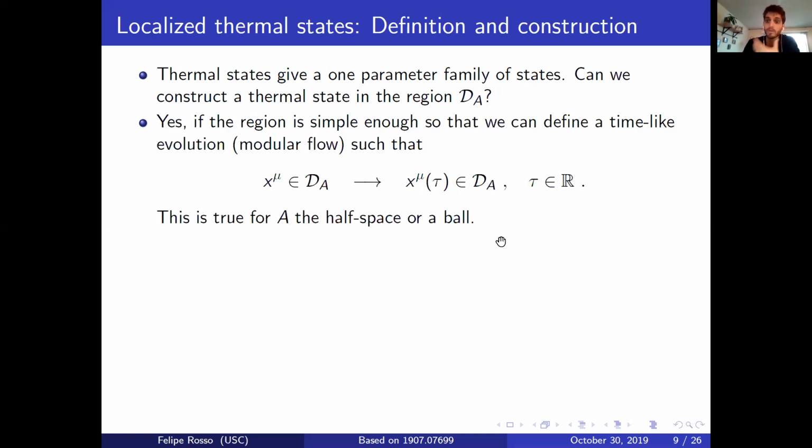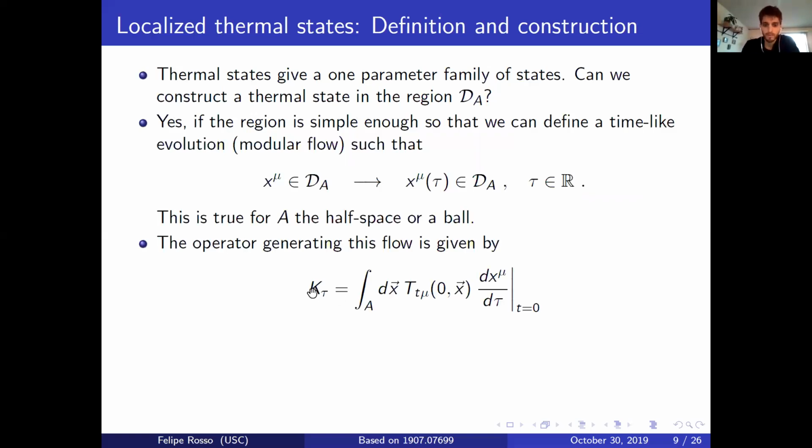So in the cases where you can do that, you can define this operator K of tau, okay, that is an integral of this component of the stress tensor. Notice that it is integrated only over the region A, okay, and this is the operator that generates this flow in this tau parameter, okay.